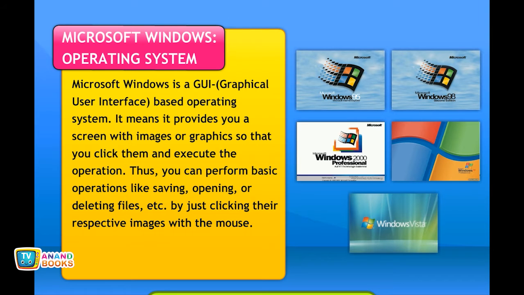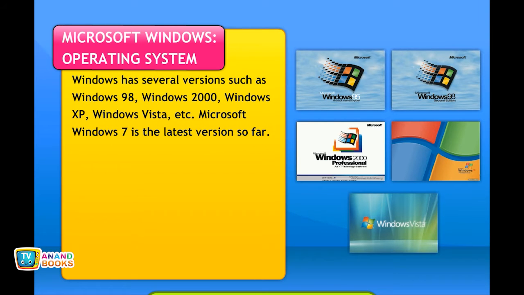Windows has several versions such as Windows 95, Windows 98, Windows 2000, Windows XP, Windows Vista, etc. Microsoft Windows 7 is the latest version so far.